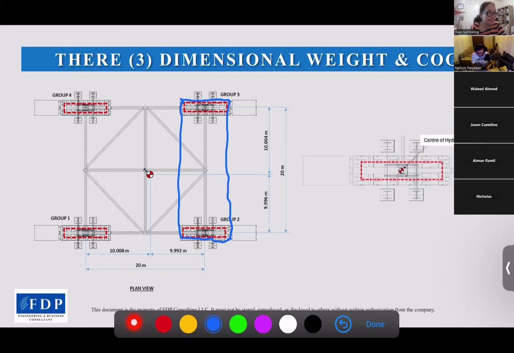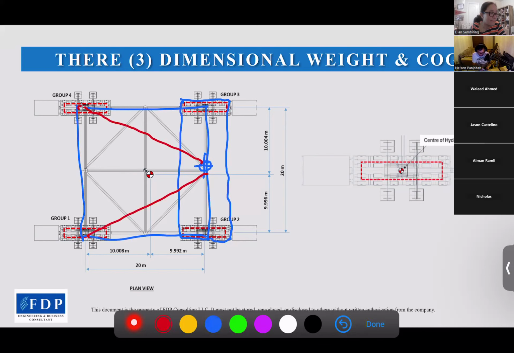Then the center of the hydraulic group will be at the center of these combined SPMT axles. So the tilting line will be different. It's no longer like this, but now it will be like this.